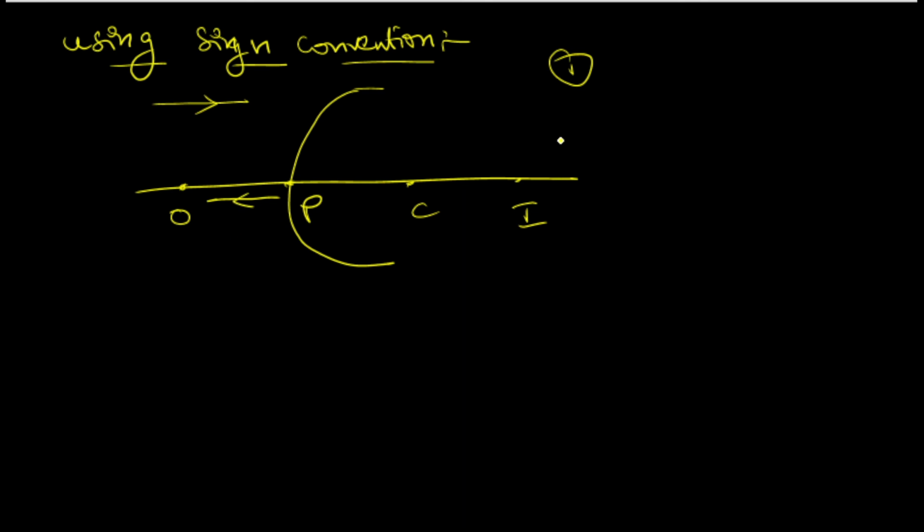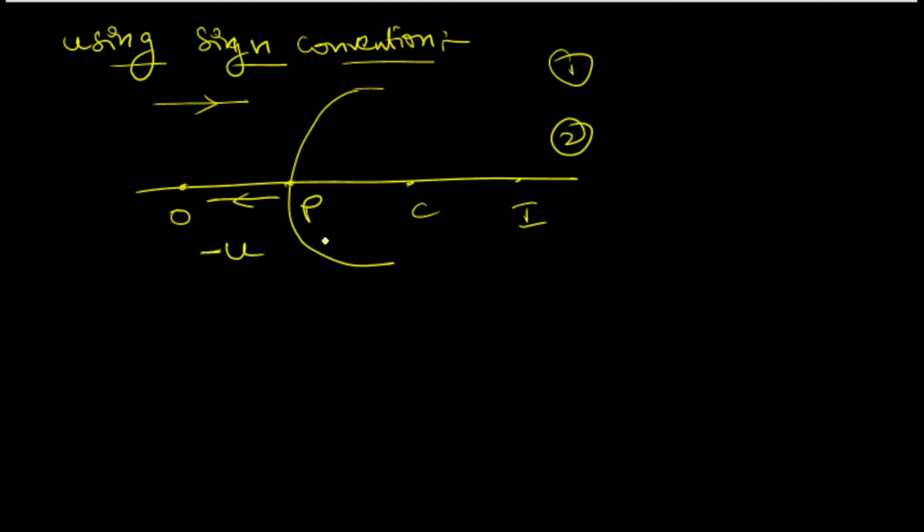Coming to the second point, whenever you measure distances in the direction opposite to the incident ray, here the incident ray direction is this way, but we are measuring the distance opposite to it, therefore we have to take it as minus sign.